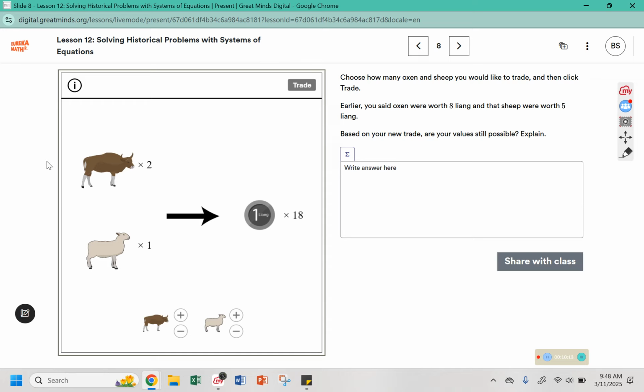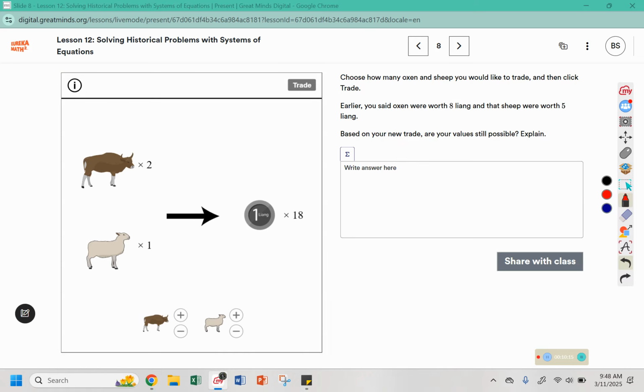Well, let's see. 1 sheep would be 5, and 2 oxen would be 16. Well, 16 plus 5 does not equal 18. So no, those are not possible values.